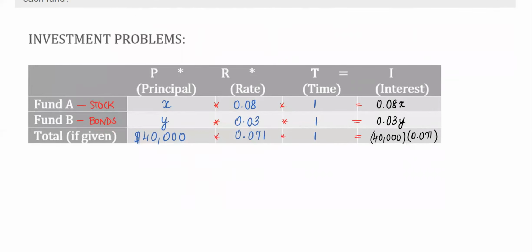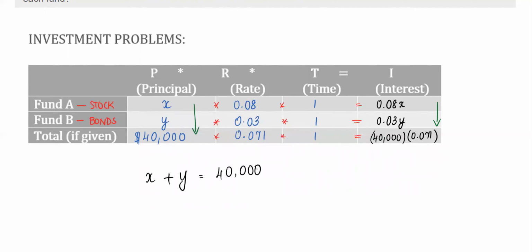Let's build our equations here. This time our equations come from the P column and the I column, right? Because you're basically looking for columns that have X and Y, because that's how you can build your equation, right? The R column has no X or Y, and that is anyway not being used. So X plus Y equals 40,000.